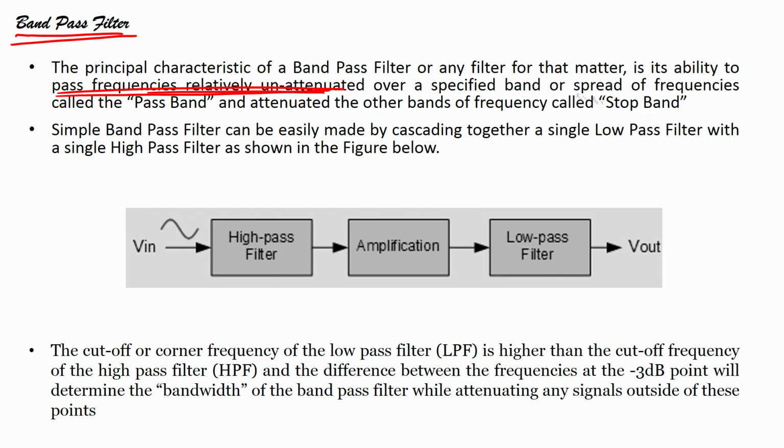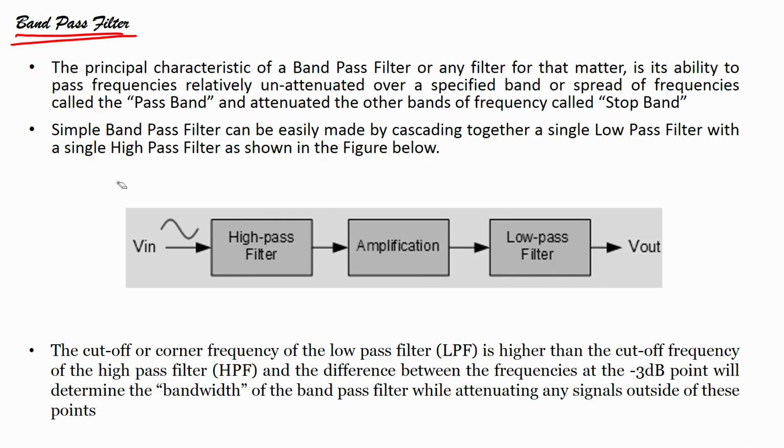Now a simple band pass filter can be easily made by cascading a single low pass filter with a single high pass filter. Super easy, right? If we know how a low pass filter circuit is and how a high pass filter circuit is, then by cascading a low pass filter with a high pass filter, we can design a band pass filter.